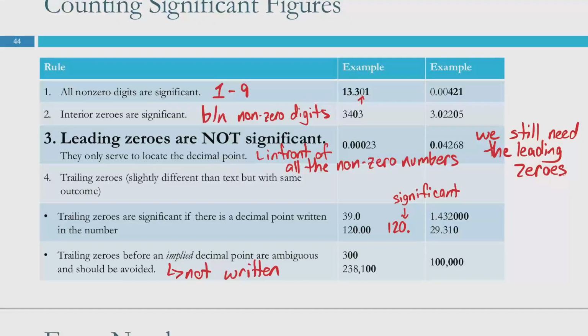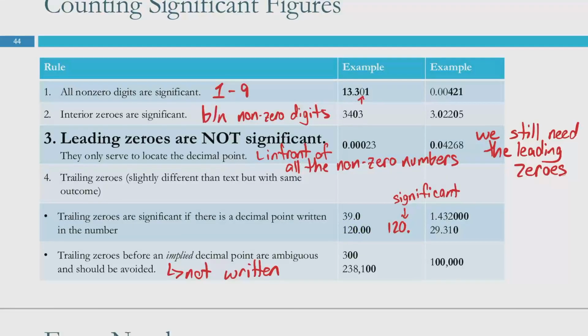Questions about any of those? So the 39.0 would have 3 significant figures? Yeah, so 39.0 has 3 significant figures. We've got our 2 non-zero numbers, and then we've got our 1 trailing zero after a decimal place, which is also significant. So that would be 3 sig figs. What about 120.0? That's fine. This one would have 5.